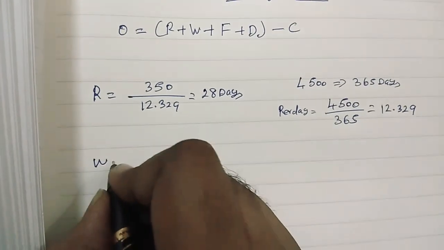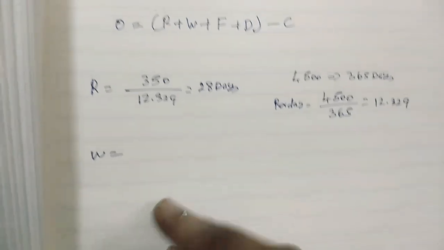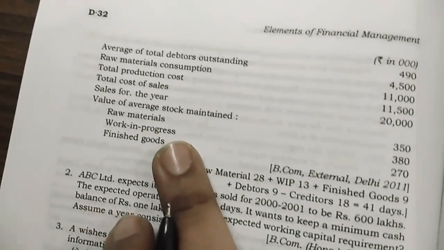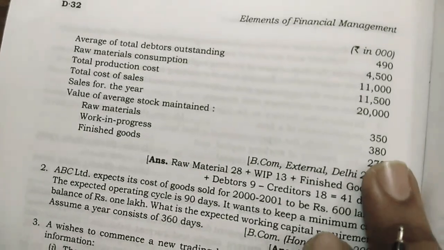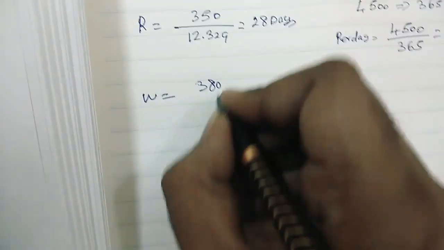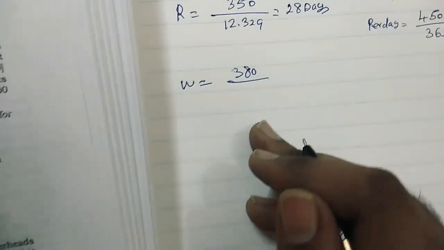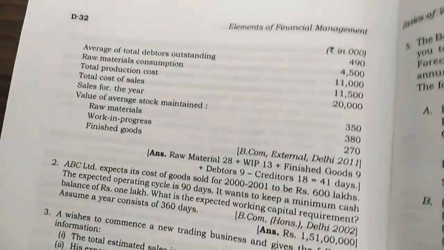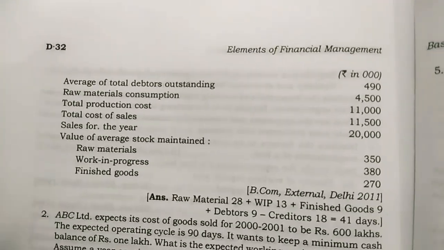Then work in progress. See the problem. In the problem, the work in progress value given is 380. Work in progress is related to production cost.